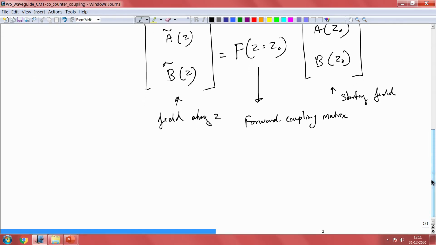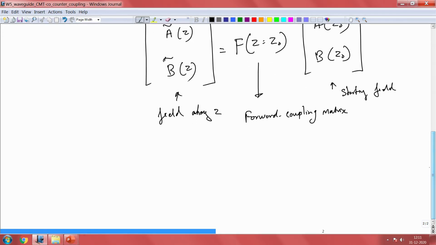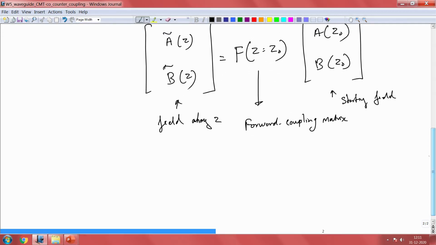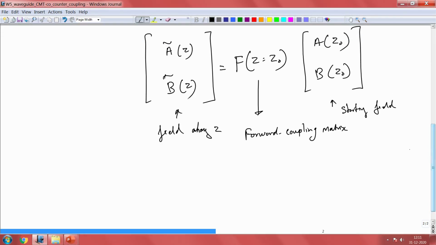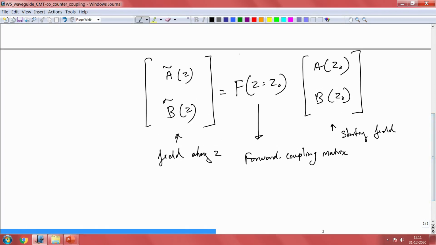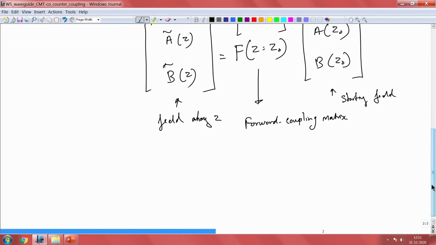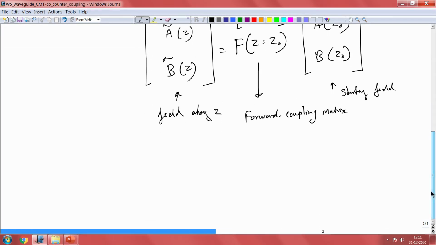There is no need for us to derive this forward coupling matrix, but for the moment let's say that this matrix contains all the coupling parameters, kappa as a function of kappa AB and kappa BA.